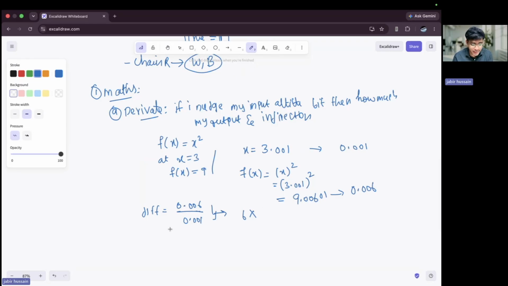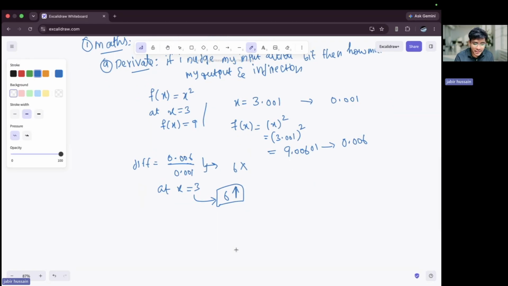So at x = 3, whatever change you make, the output changes by 6 times that. If I have to represent this in mathematical terms, we represent differentiation like this: d of the function f(x), which is the output, with respect to the input x.